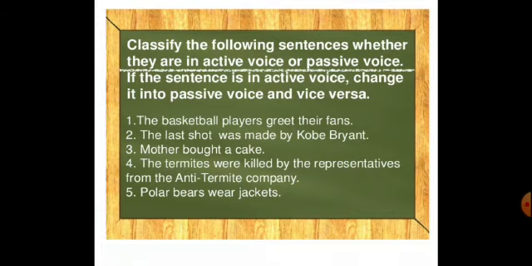And then the second step: if it's active, you will change it into passive. If it's passive, you will change it into active. Now you can pause and do the exercise, like a classwork, and then we will go back to each other in order to check the answers.